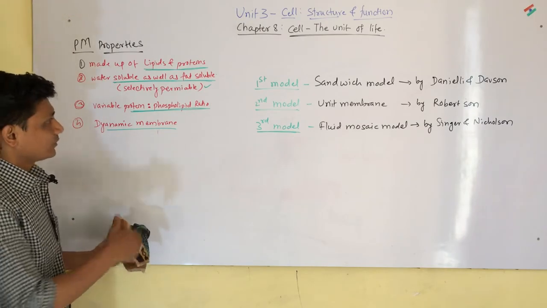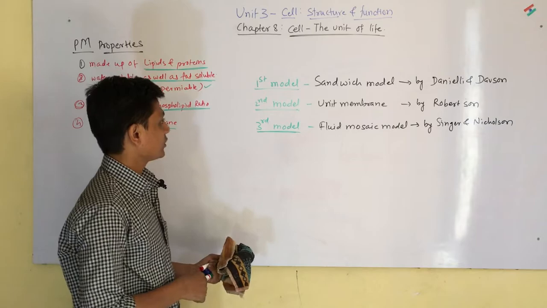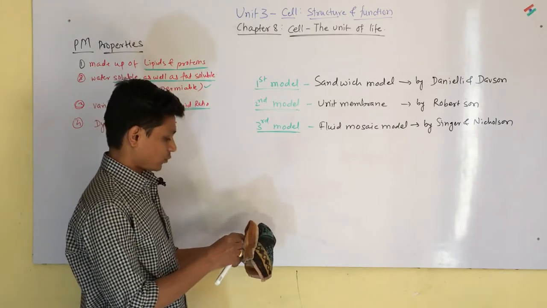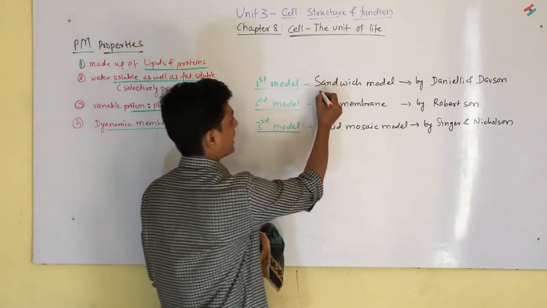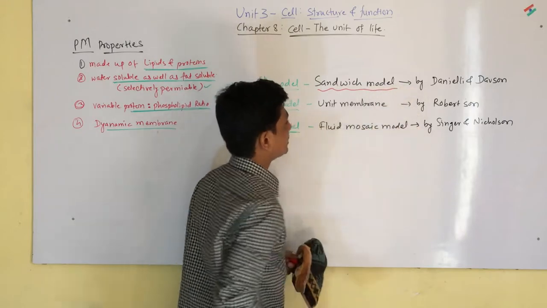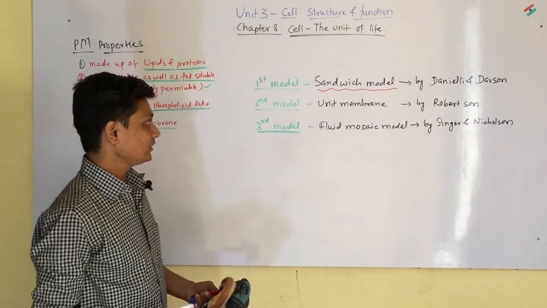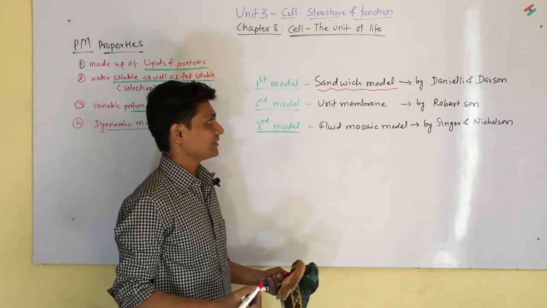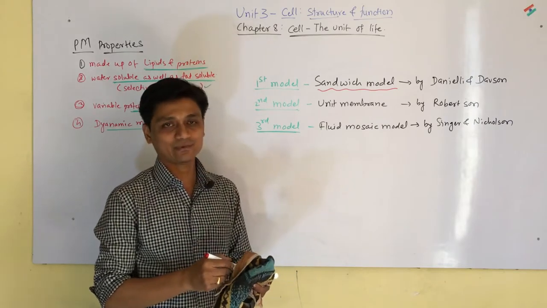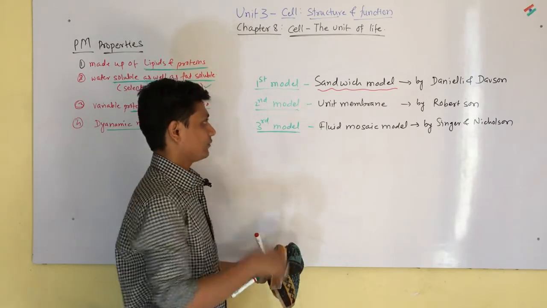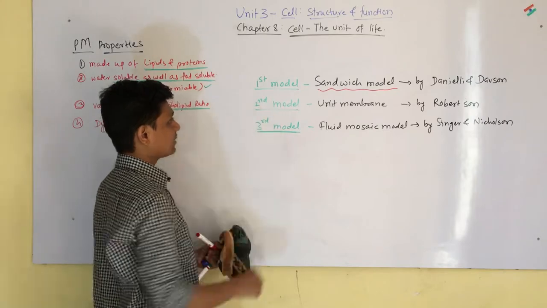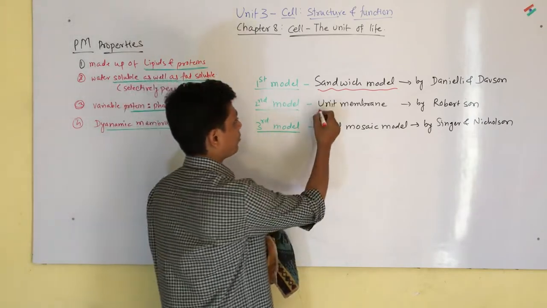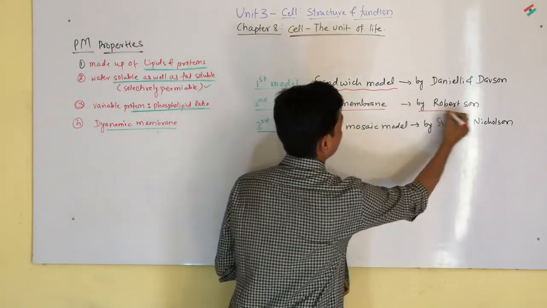So there are 3 models. The first model is known as the sandwich model, which is given by Danielli and Davson. As the name indicates, it is near to a sandwich; we will see more. The second model is the unit membrane model, which is given by Robertson.